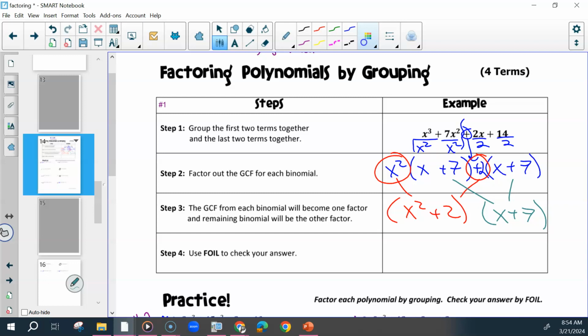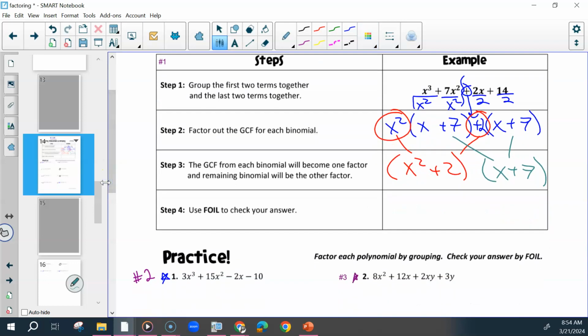Then if you wanted to check yourself, you could double distribute, FOIL, or box method this. X squared times x would be x to the third. X squared times 7 is 7x squared. 2 times x, and 2 times 7.